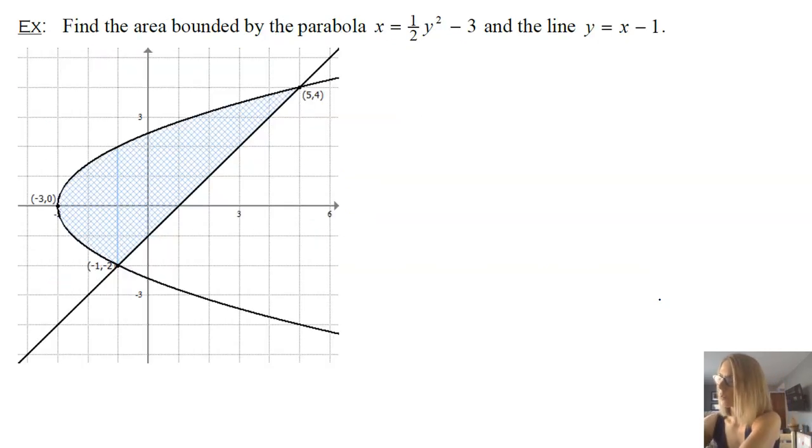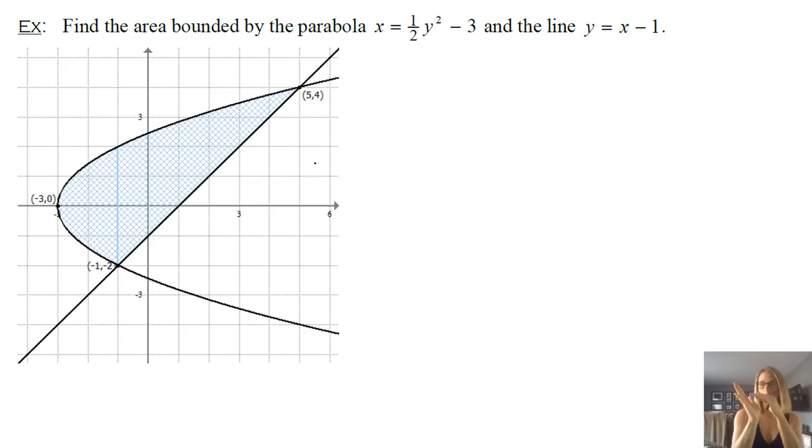What I want you to notice with the example you see here and the other one we're going to do is, the first thing you have to look at is, do I have vertical rectangles or horizontal rectangles? With this picture, there is a curve that is more on the right, and a curve that's more on the left.